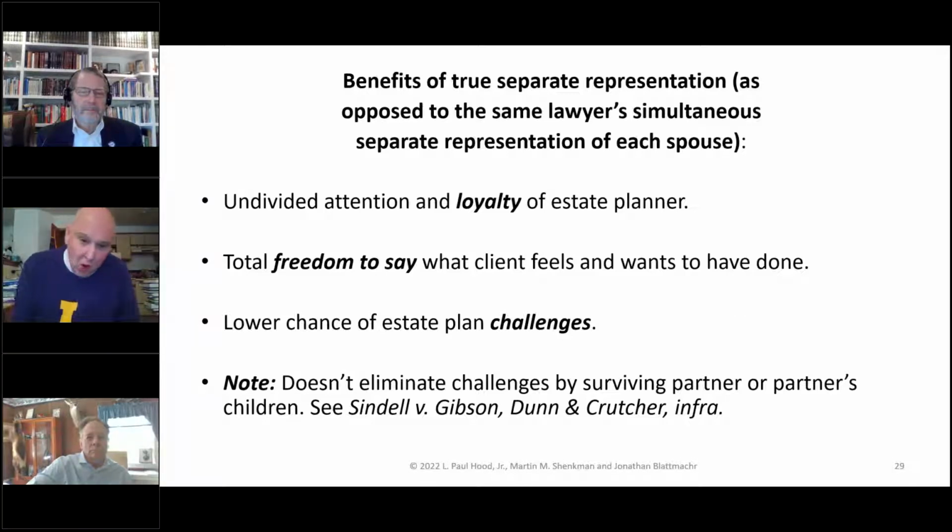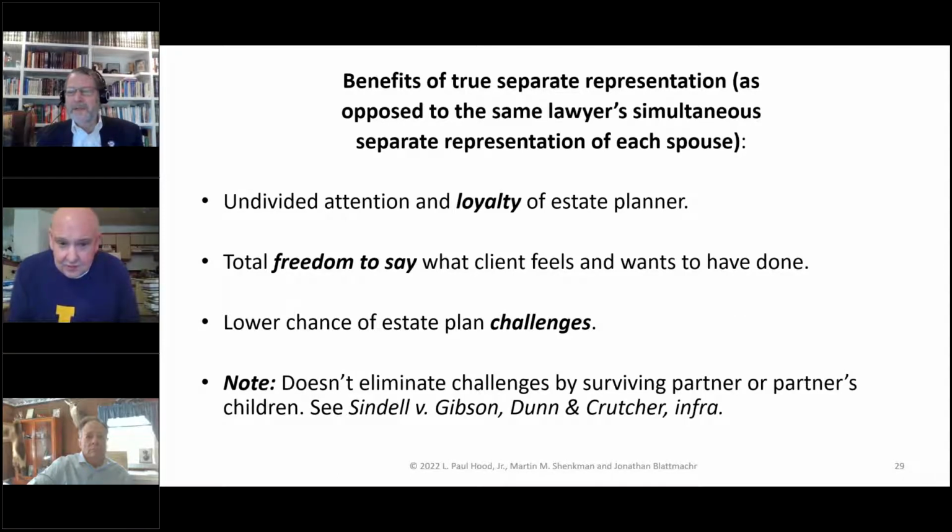And I'd always try to rope the other one back into the conversation to sort of empower them. And sometimes you get pushback from the person who wants to be in charge. But that's a situation that you have. I think it reduces the potential for challenge, but it doesn't eliminate it. And I think the Sindel versus Gibson, Dunn and Crutcher case, discussed in the materials later, is an example of that. It doesn't eliminate the risk.